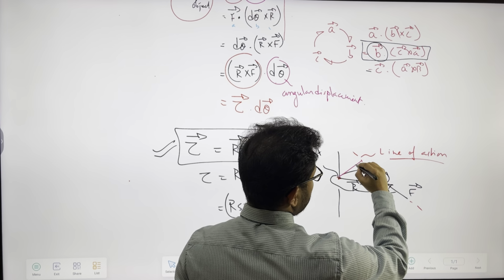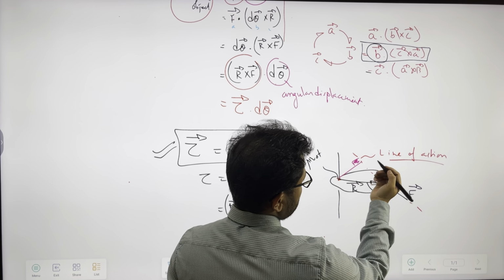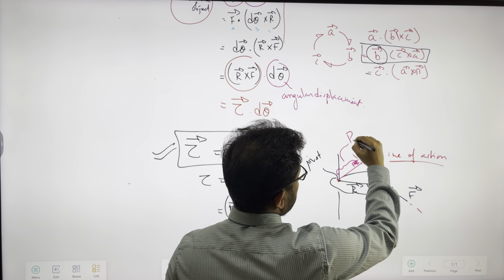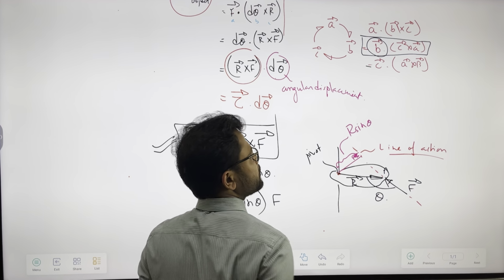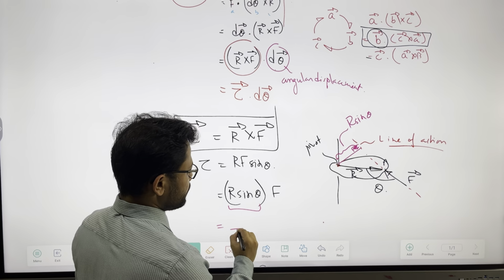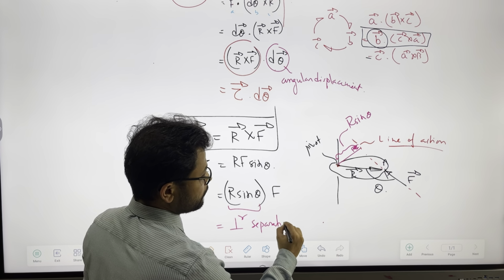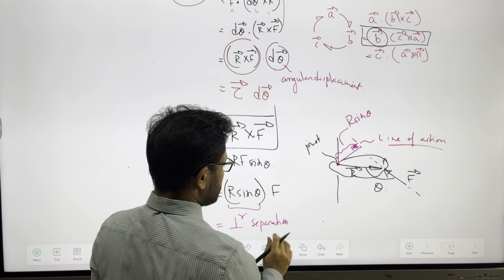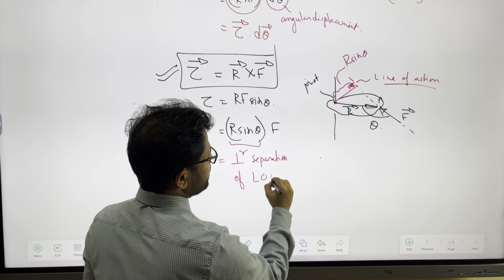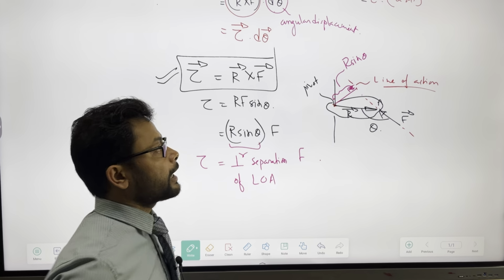Then if you draw a perpendicular to this, this is going to be r sine theta using simple geometry. So it means this is going to be the perpendicular separation of the line of action. Of what? Of the line of action times the force. This is going to be the value of torque applied on this object.